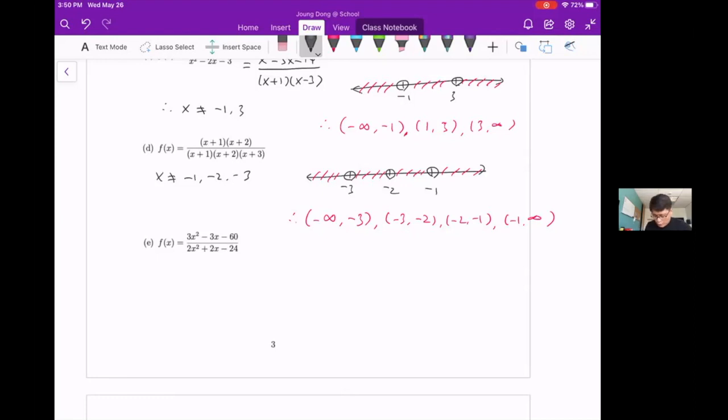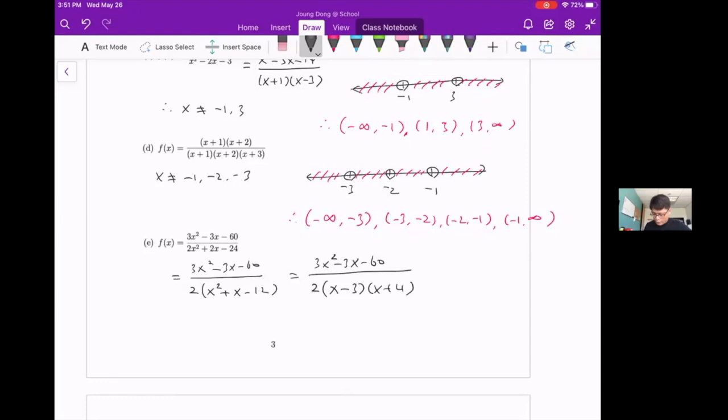The first step is we're going to pull out the common factor of your denominator, which is 2. And then factoring, it works with x minus 3 and x plus 4, right?